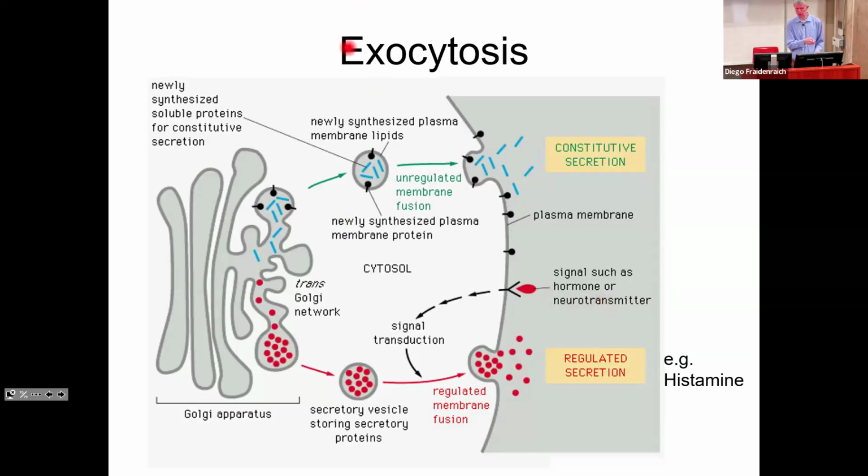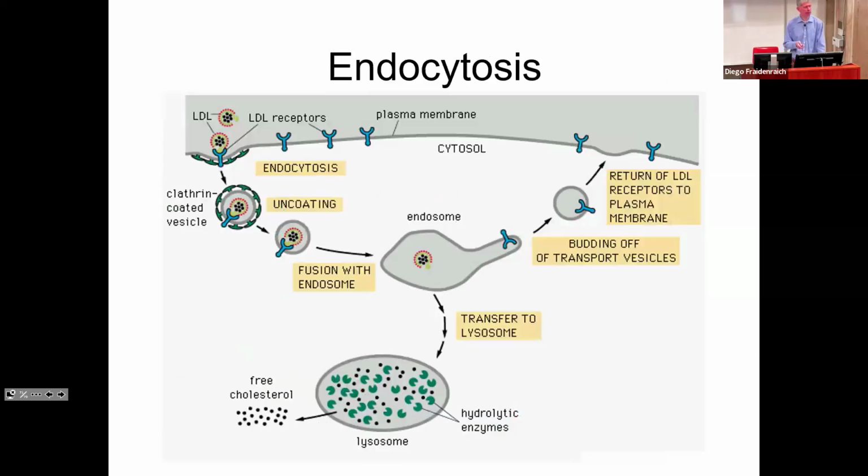This process overall is called exocytosis, which means the transport of material from the trans-Golgi network to the plasma membrane, and then secretion of proteins to the outer side. The opposite would be endocytosis. This is when material coming from the outer side is brought into the cell.